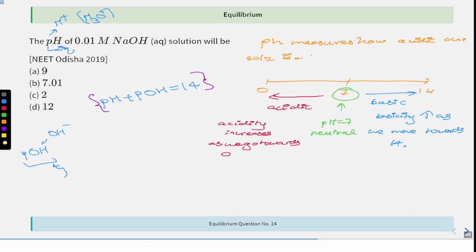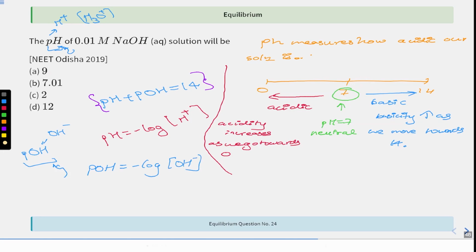Our second relation is how we calculate this pH or pOH. pH is nothing but minus log of the hydronium ions that we have, or in many places you will see H3O plus also. And seeing this formula, pOH is just going to be minus log of OH minus ions.